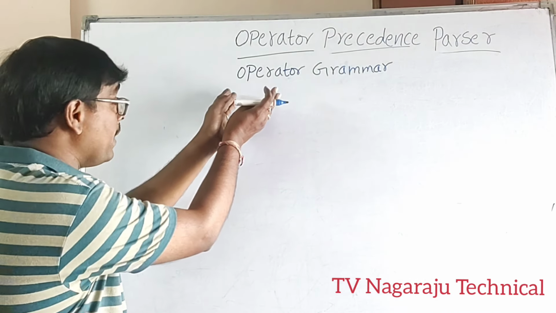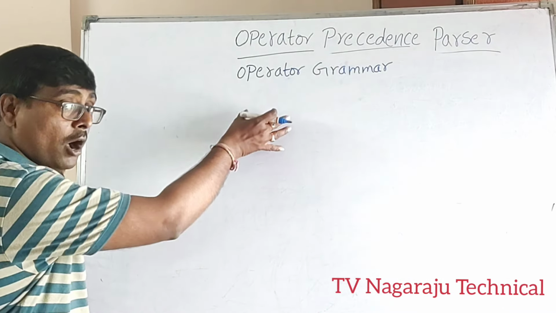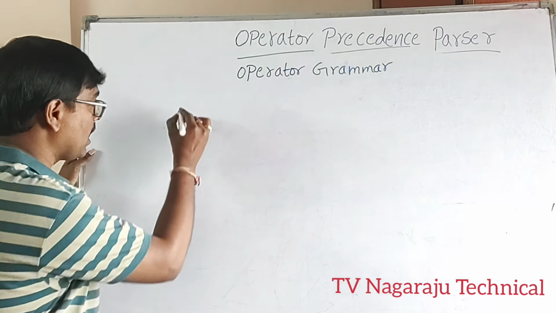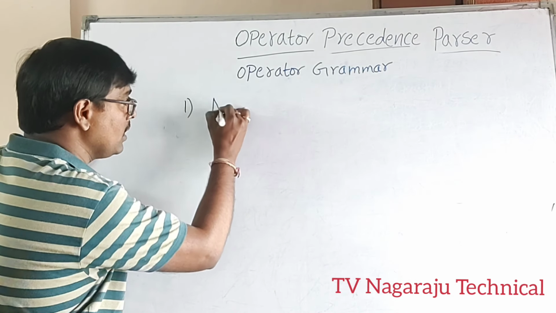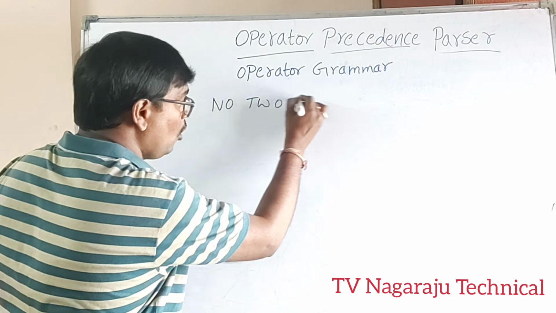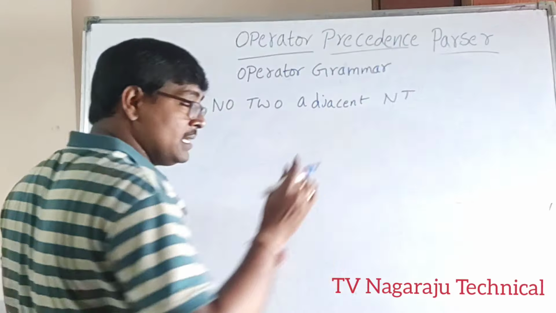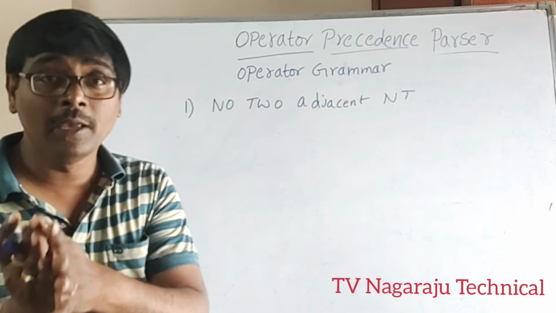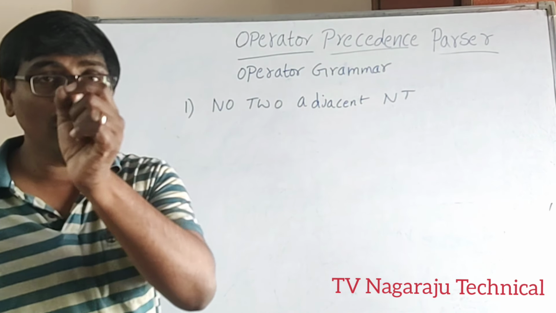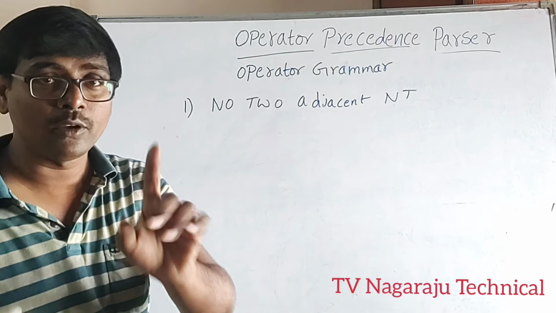Now, the main restrictions to form a grammar as operator grammar: the first thing is, there are no two adjacent non-terminals. That is, on the right side of the production, no two non-terminals appear adjacent. You got the point?